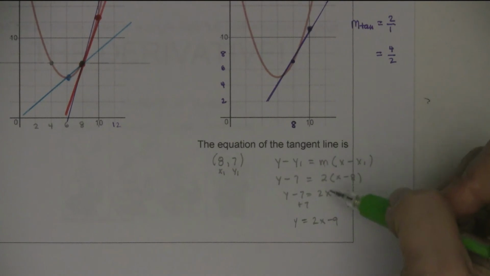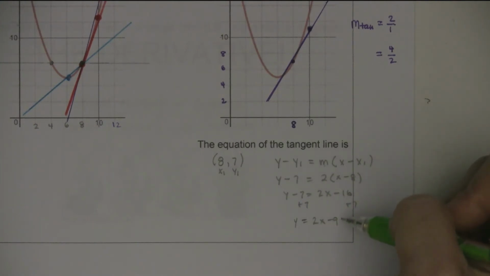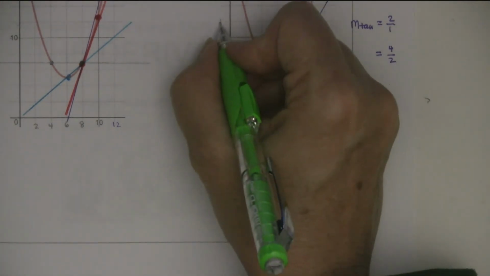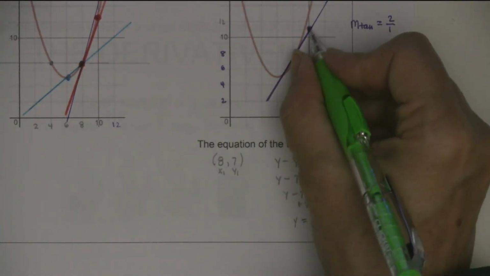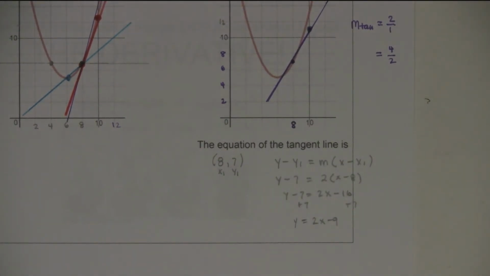Why don't I put in 10 and see where I'm at? If we put in 10, we get 20 take away 9, which is 11. And I can buy that this is 12, and that's halfway in between at 11. So perfect. That's the equation of the tangent line.